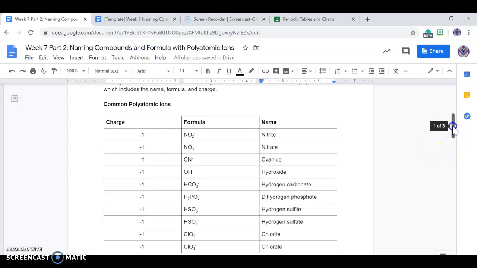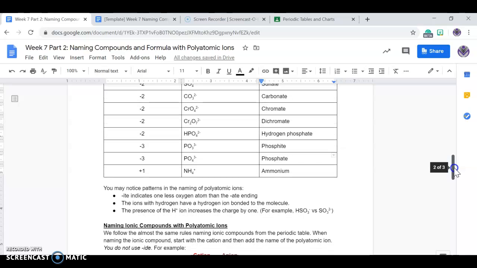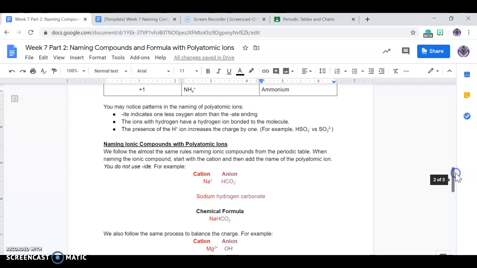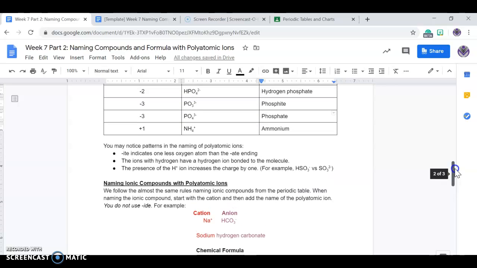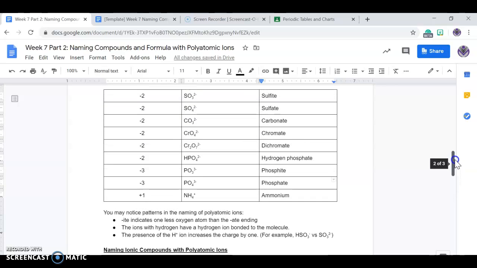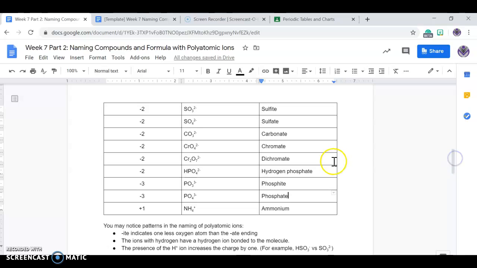Okay, and we indicate the charge the same way. Most of these are negatively charged. Here, ammonium is actually positively charged. The other thing you'll notice is that some of these have hydrogen atoms, and the hydrogen atoms are actually hydrogen ions that have bonded to the molecule. So, for example, hydrogen phosphate, right?